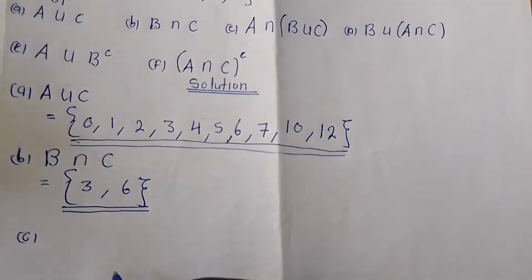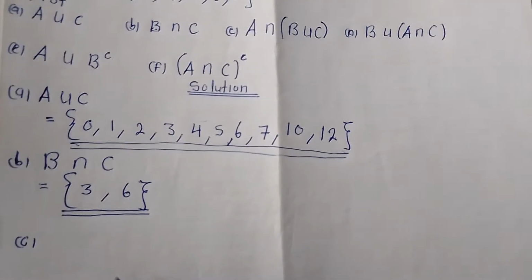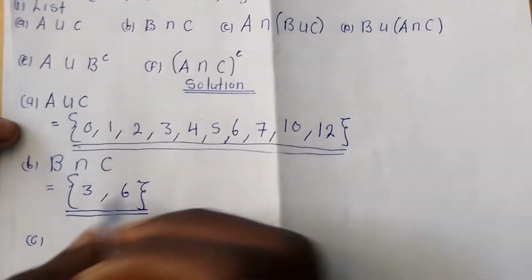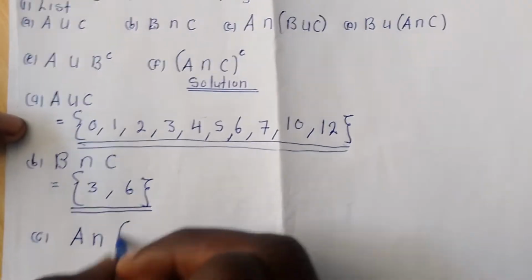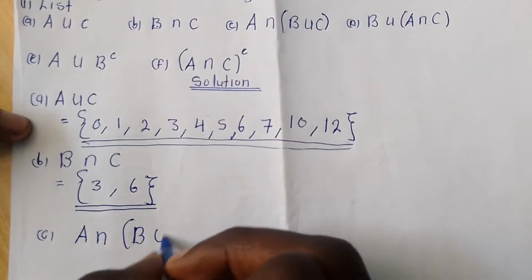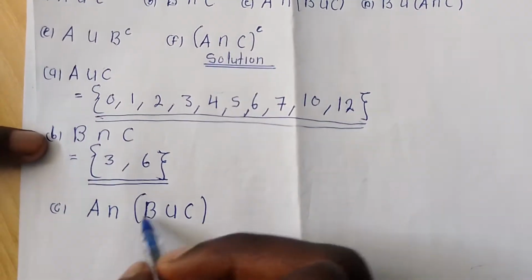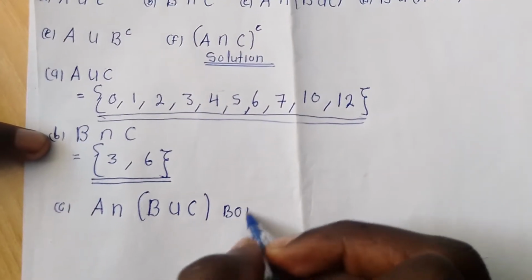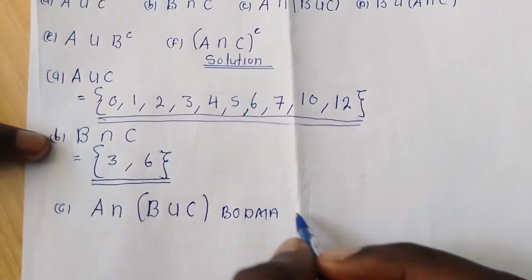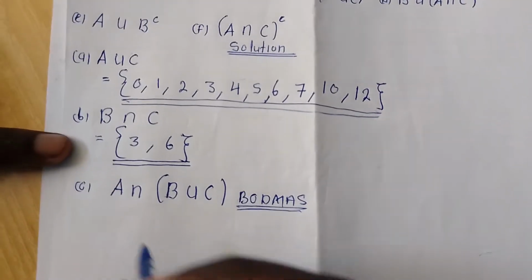We come to the other part. Hope you people are able to see what I'm doing. Now for this one, they are saying A intersection B union C. Since we've got brackets, we are going to use BODMAS. We'll start with whatever is in the brackets.